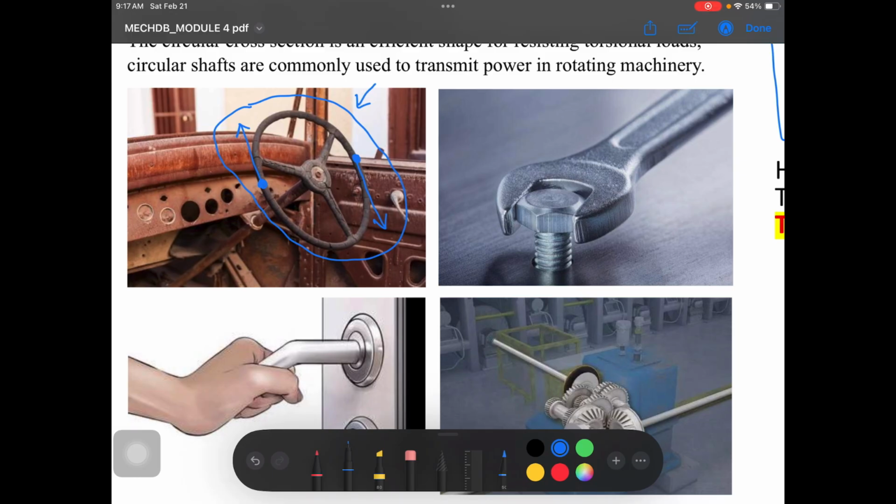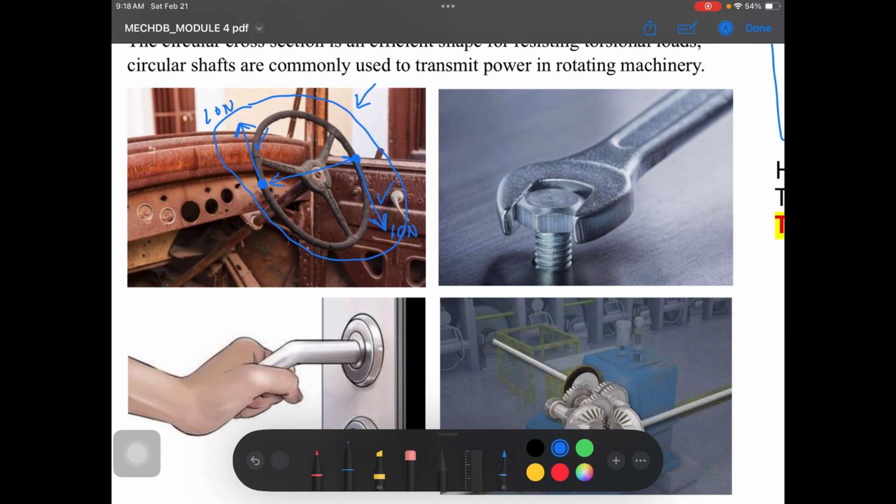Couples are also a moment, right? A couple is a pair of forces that are parallel to each other, in opposite directions, with a distance between them, and equal in magnitude. If this is 10 Newton, this is also 10 Newton. So, this is a couple. This is what the driver applies to turn the steering wheel to the right.